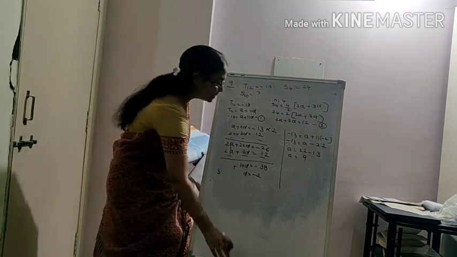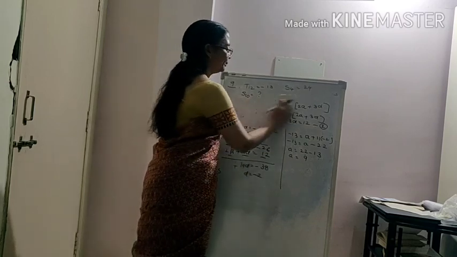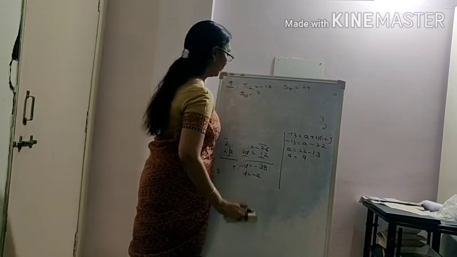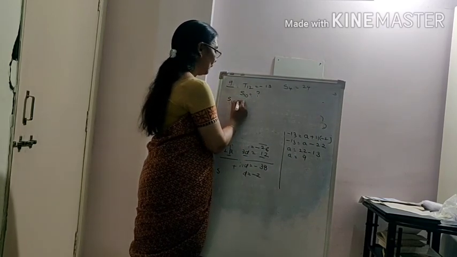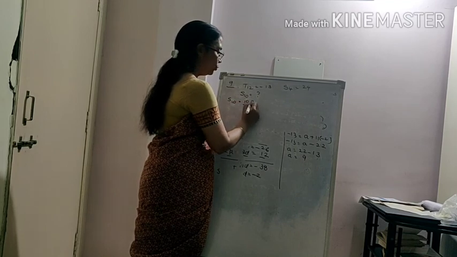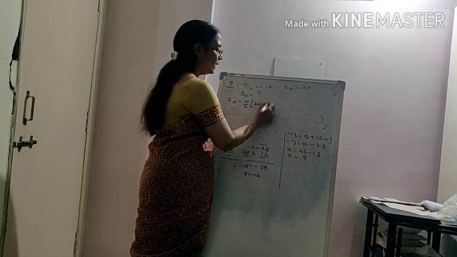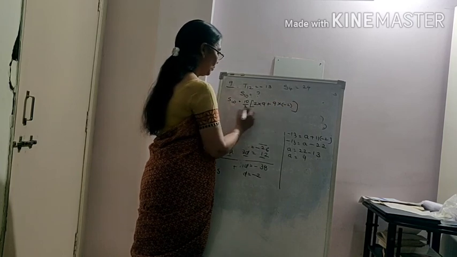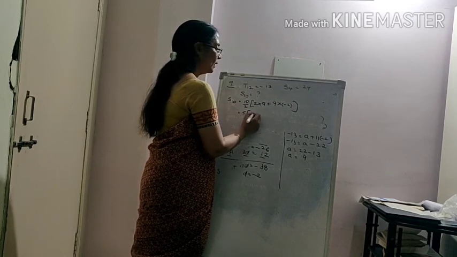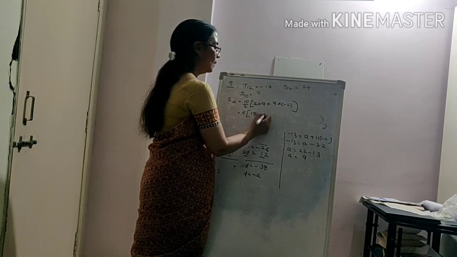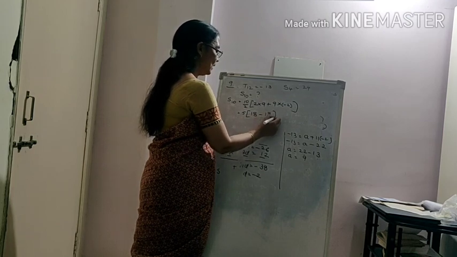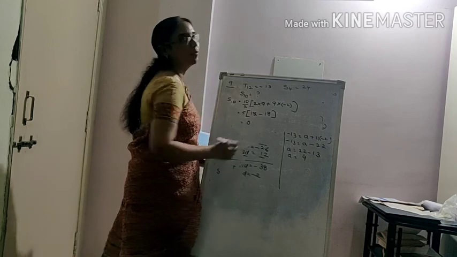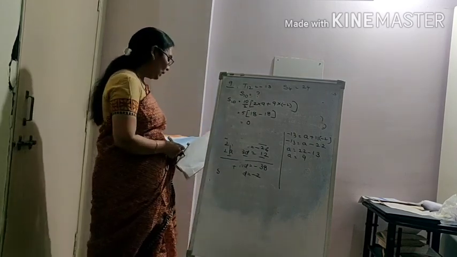So, S10 is equal to 10 by 2 into 2 into 9 plus 9 into minus 2. 5 into 18 minus 18. So this is 0. The sum is 0.